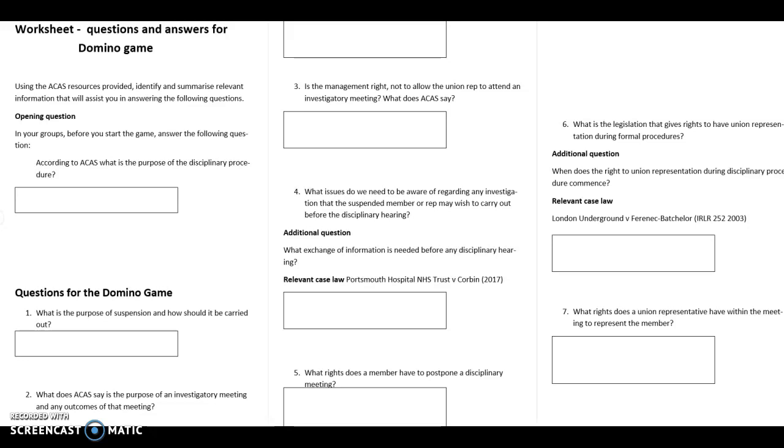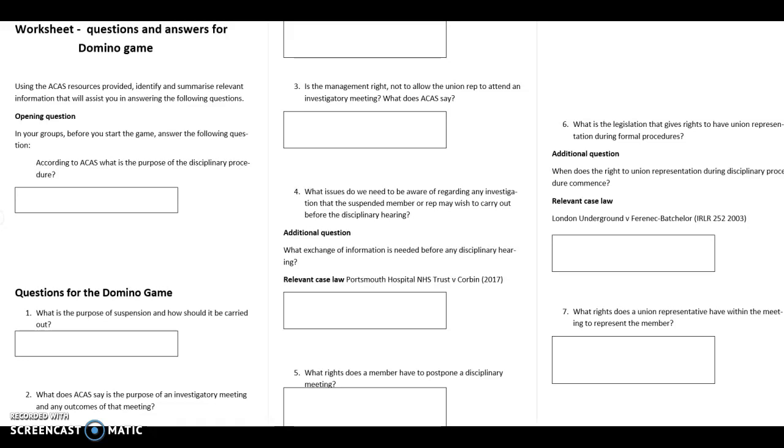In particular, as for some of you, you will have some experience, a lot of experience, or potentially even no experience in terms of working with the ACAS code of practice on how an employer should run a disciplinary procedure. So I just thought, you know what, I'm going to take a little bit of liberty and just get you to think about it a little bit more.